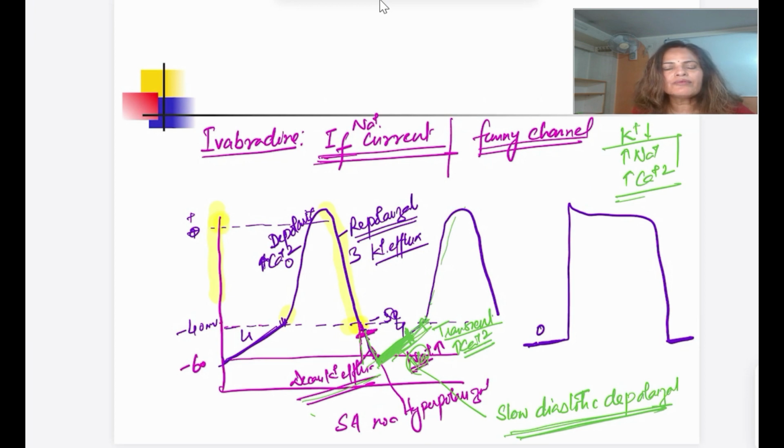So even both the positive channels, the sodium and the calcium, open during hyperpolarization. They find this something funny. So that's why it is a funny sodium channel. So Ivabradine acts by blocking this. Ivabradine is going to act over here.